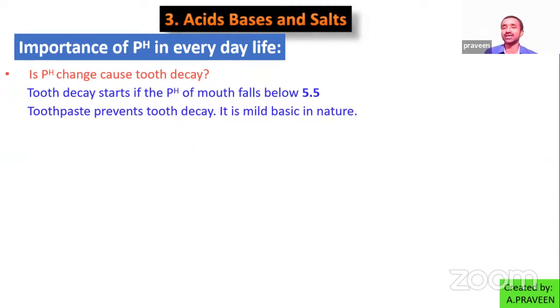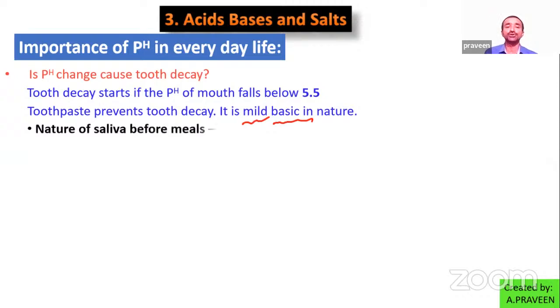Because toothpaste is mild basic by nature. So there is a neutralization reaction, as you learned in activity 5, acid treated with base. The strength of the acid decreases in your mouth using bases. Regularly rinse your mouth with water.